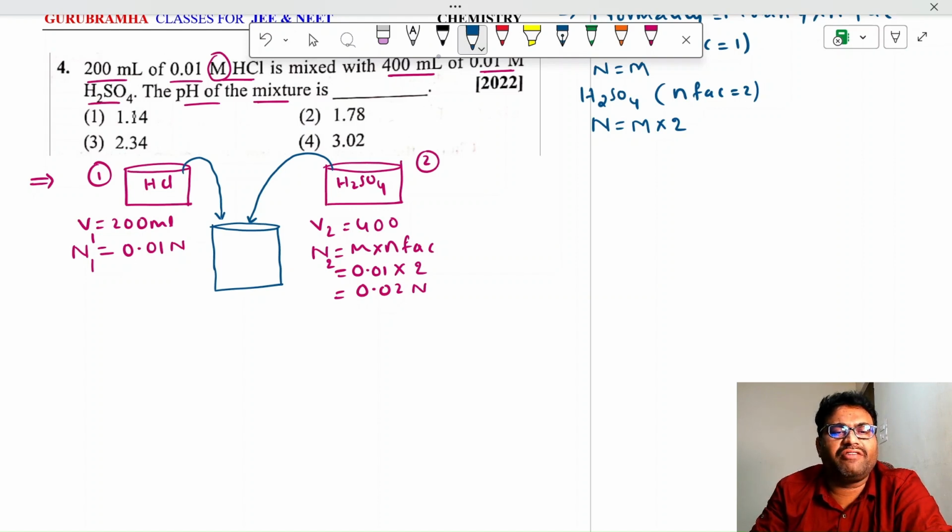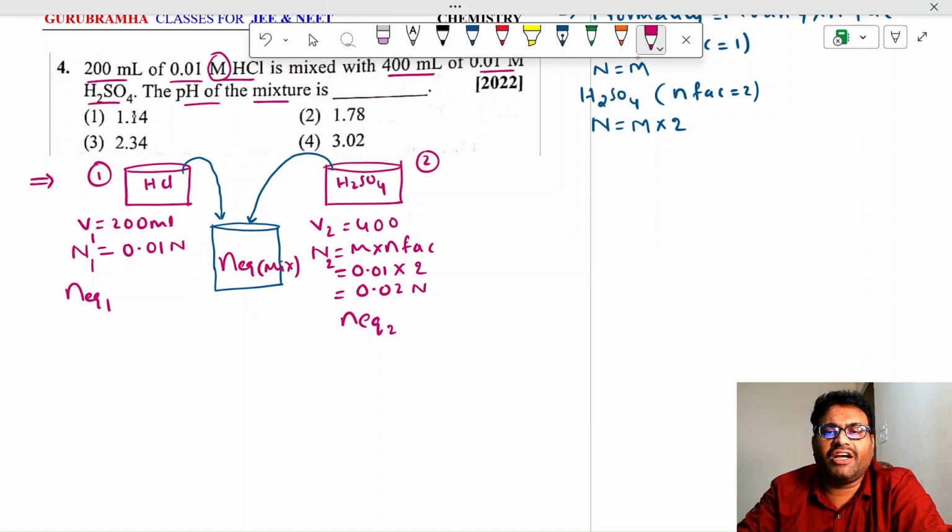Let the number of equivalents of the first solution be N equivalents 1, and of the second solution be N equivalents 2. The number of equivalents is equal to weight by equivalent weight.